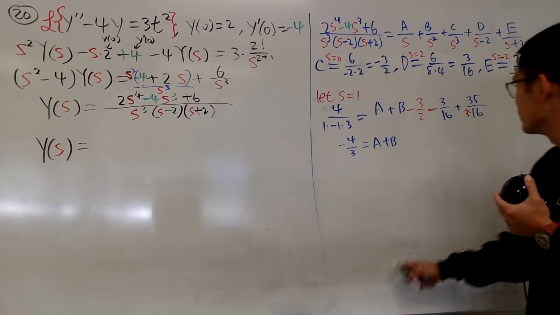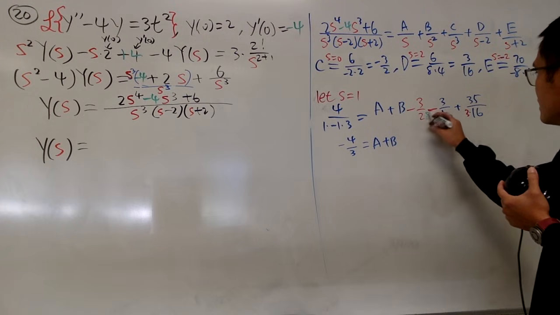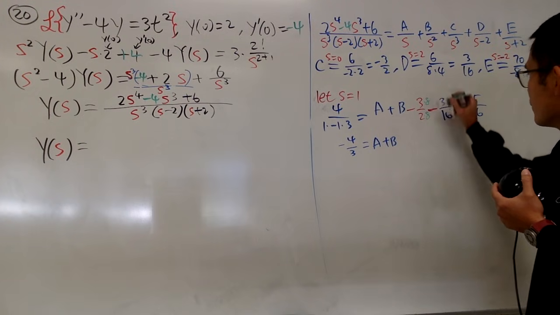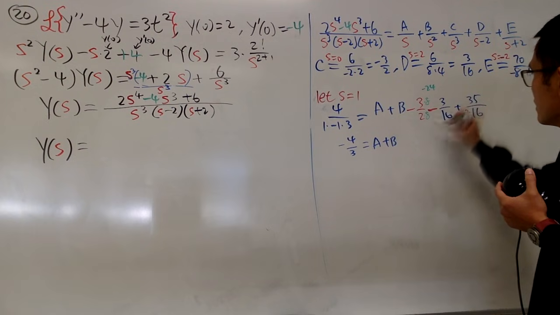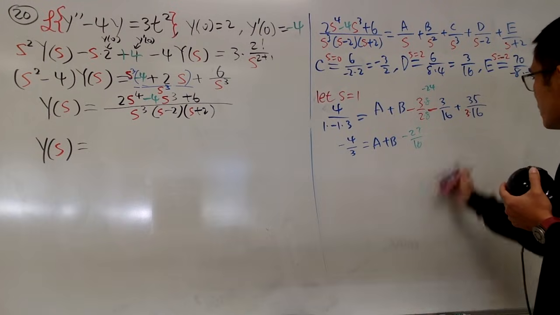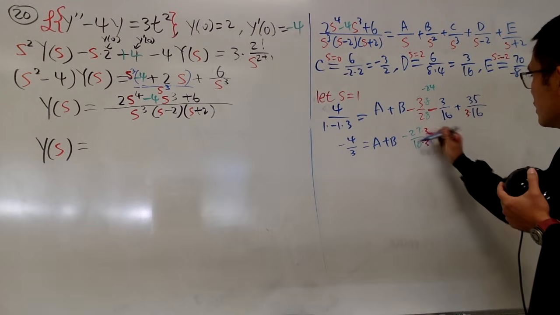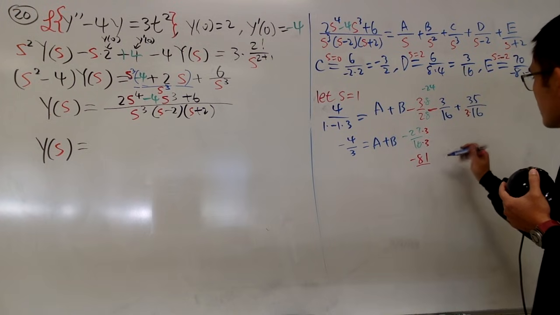This is just not fun to do. Man. Multiply by 8, negative 24. Negative 24, so negative 27 over 16. But I have to multiply by 3. So it's negative 81 over that. So negative 81 plus 35.